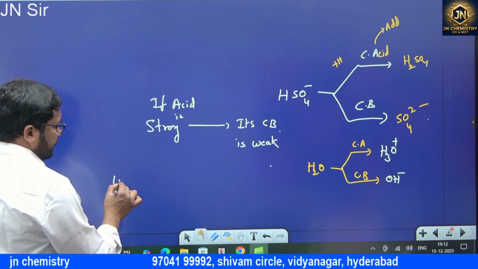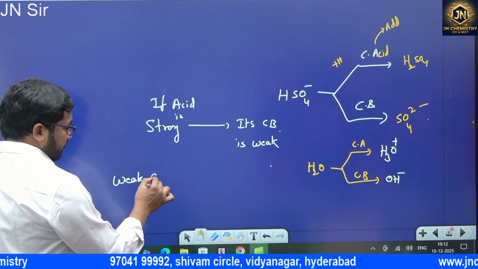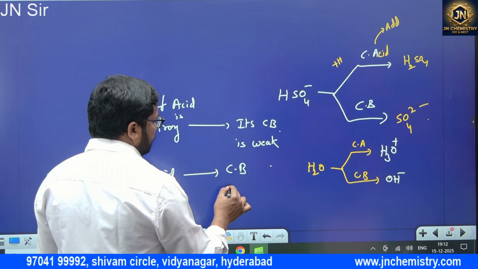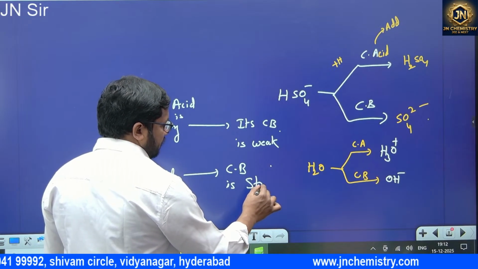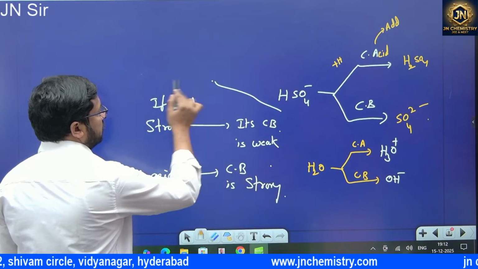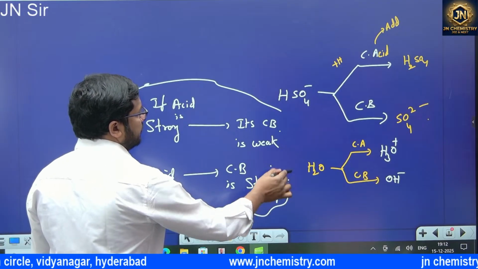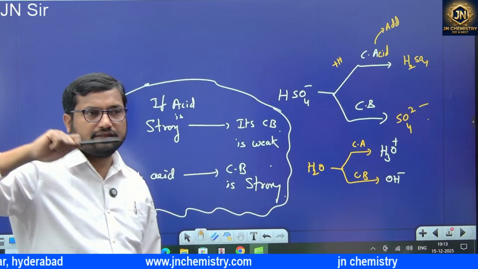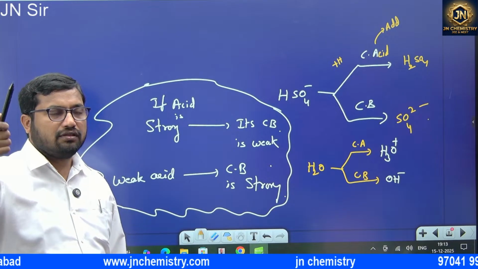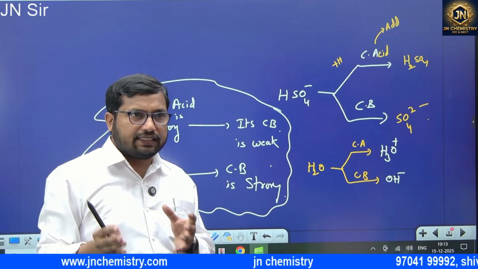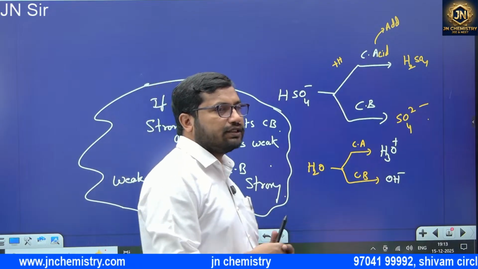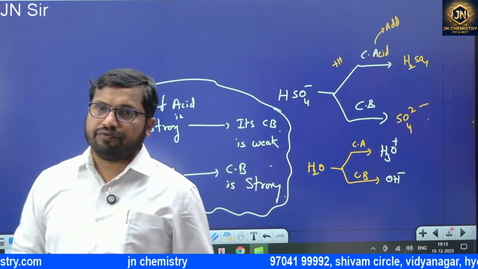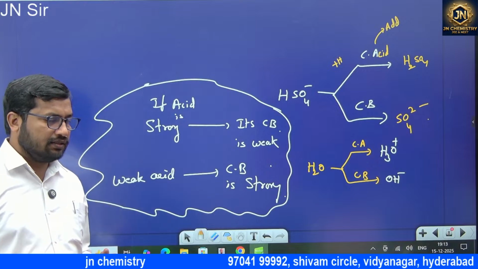If weak acid, its conjugate base is strong. What is conjugate base? Removal of H plus. When acid is there, when H plus is less, that is its conjugate base. So if acid is strong, its conjugate base is weak.